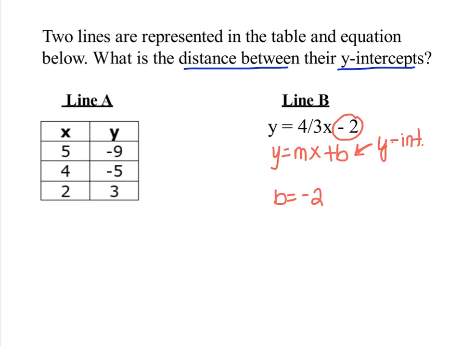For line A, I have to find my y equals mx plus b equation to get my b. So to figure out the y-intercept, I first need to figure out the slope. So we just reviewed this. To get the slope, I find the change in the y. To go from -9 to -5 is an increase of 4.